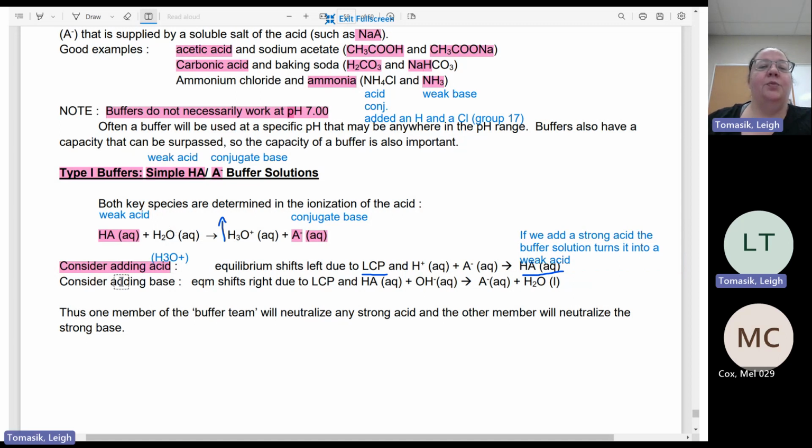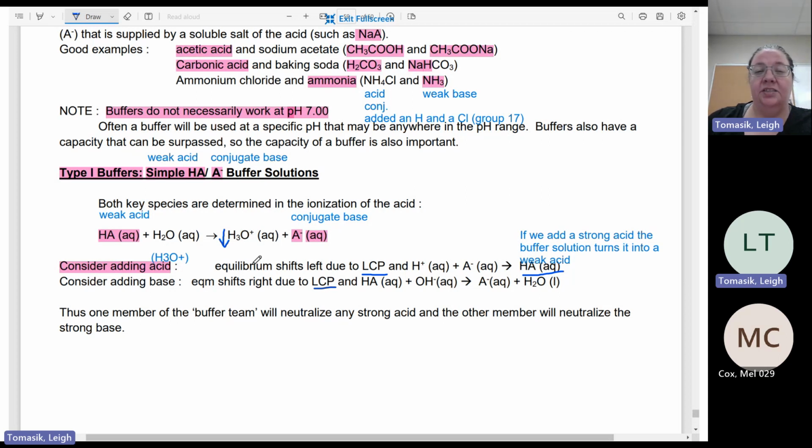If we add a base, what will happen? The OH minus is going to react with the H3O plus and remove some of the H3O plus from the system. So this decreases, and now we're shifting to the right, due to Le Chatelier's principle.